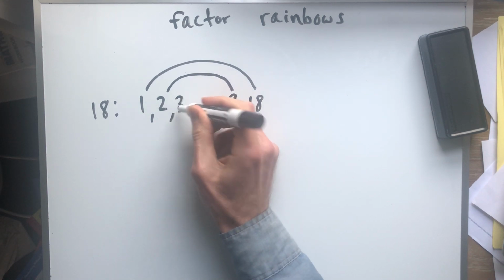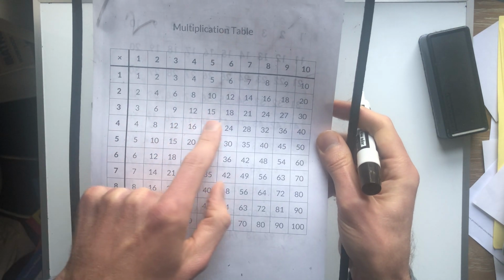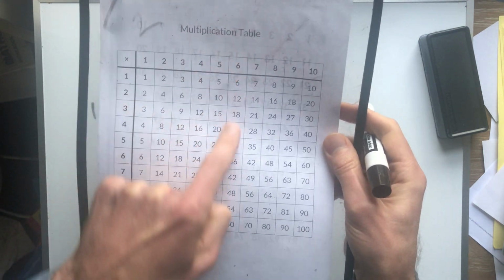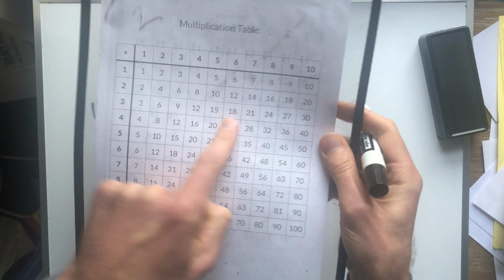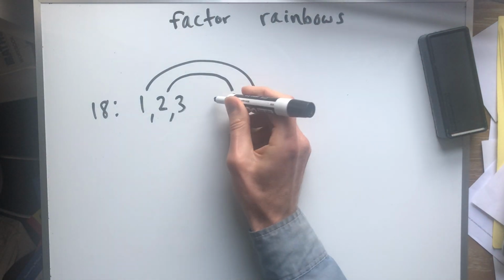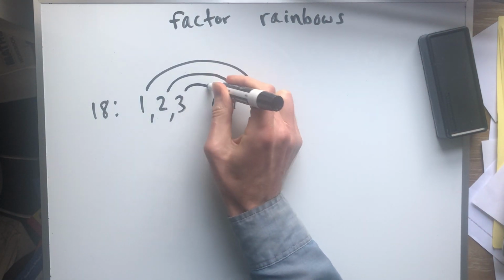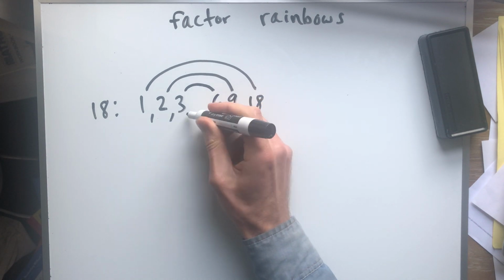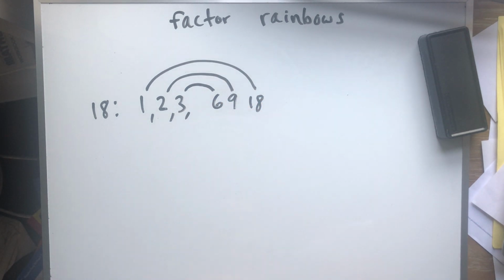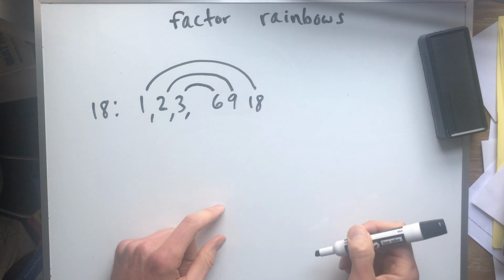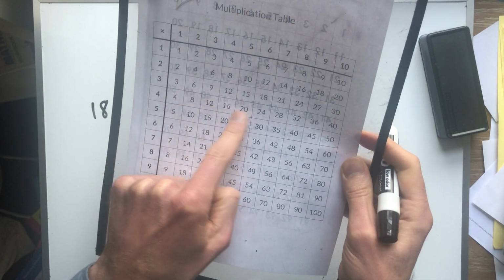And what about 3? Does 3 go in? Yep. 3 times 6 equals 18. Anything else? Would 4 or 5 go in? Well, 4 doesn't, because I see right there.